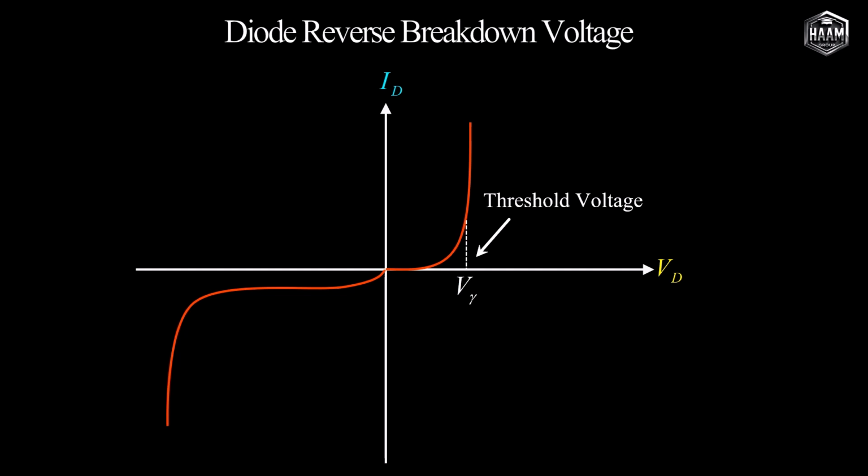In the reverse bias region, as previously discussed, the current rises from 0 to I sub S and then, at a certain voltage known as the breakdown voltage, the current profile changes dramatically. The reverse breakdown voltage is typically expressed as a positive value, although it corresponds to a negative diode voltage.